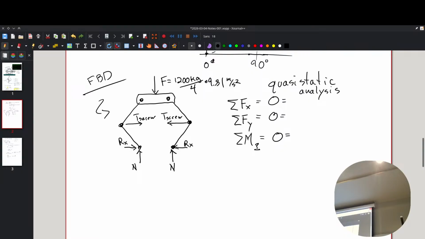Left and right, the reactions and the tension should cancel each other out. That's a good starting point.